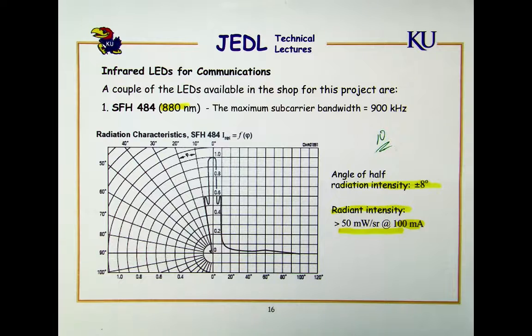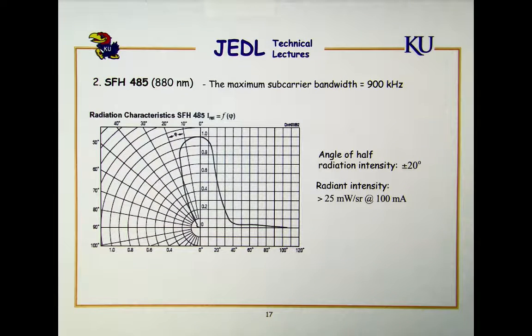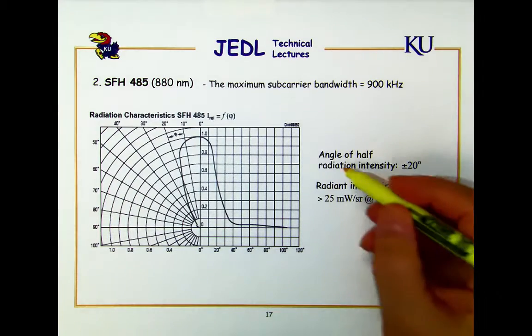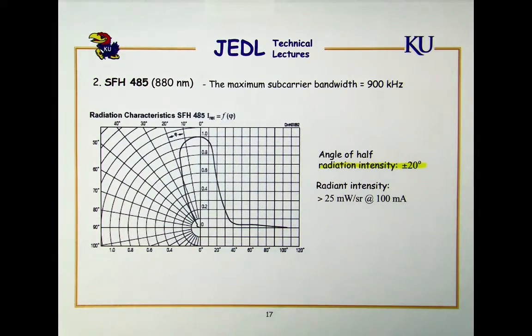So let's take a look at and compare this one with the SFH485. So here's the SFH485, and you can see right away that the specs are a little different on this one. In fact, the diagram looks different. It looks like the main intensity lobe is wider, and sure enough it is, plus or minus 20 degrees instead of plus or minus 8.